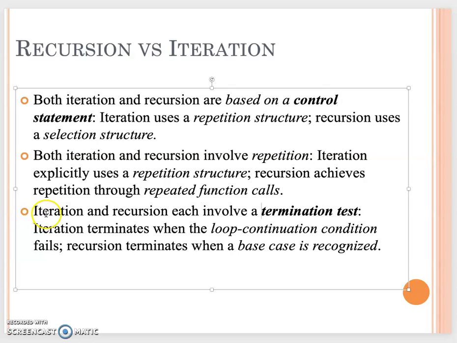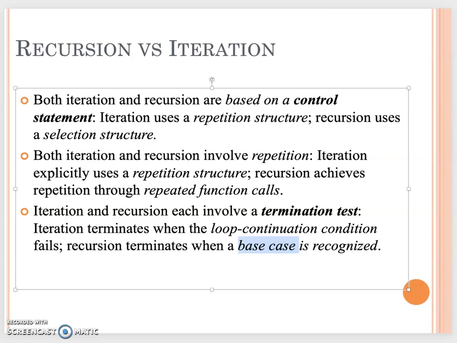So for both iteration and recursion, it is very important that we have a termination test. That means you need to end. For example, in iteration you have the for loop condition, so if your for loop condition fails, we stop the for loop. The recursive function terminates at the base case.